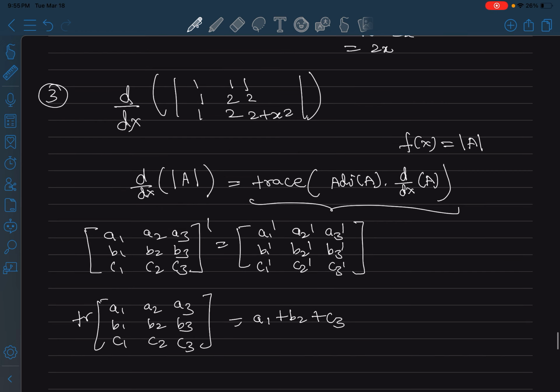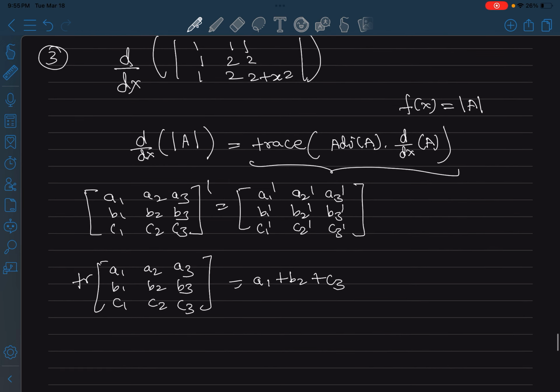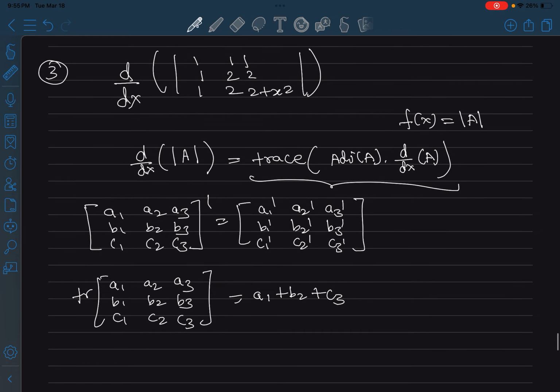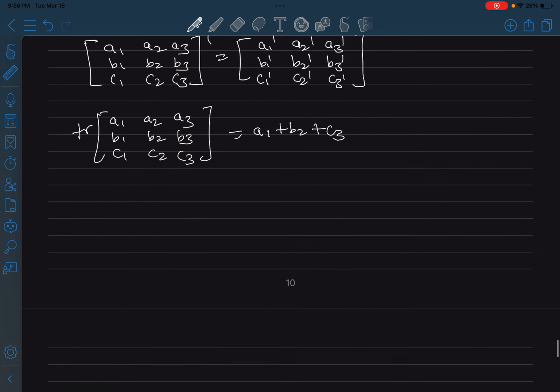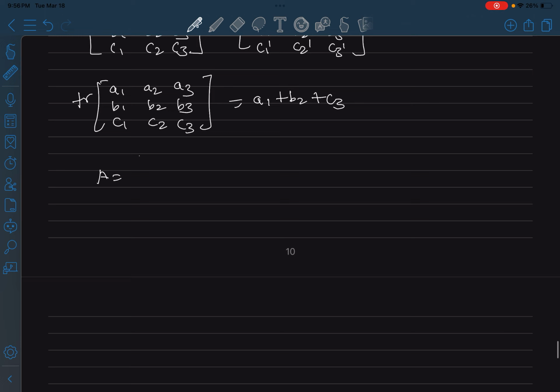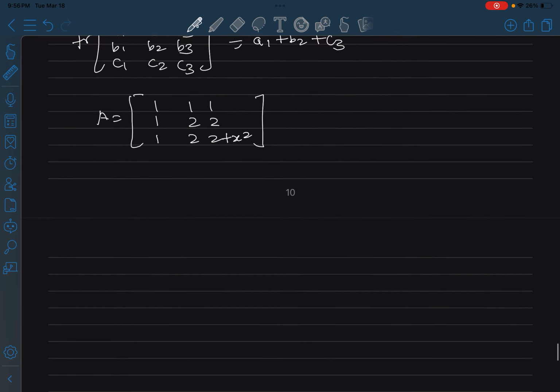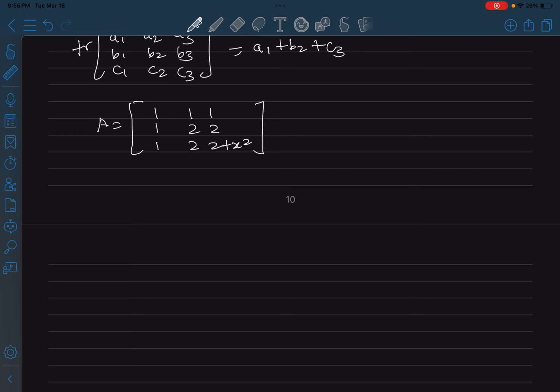To use that formula, first of all, we need to find the adjoint of A. So now let's extract the matrix A first. Our matrix A in this case is 1 1 1, 1 1 2, 2 2 2 plus x square, right? You know how to find the adjoint, right?